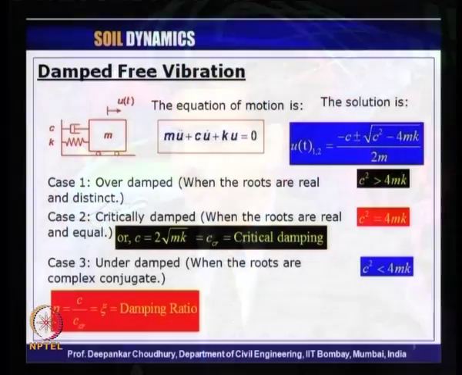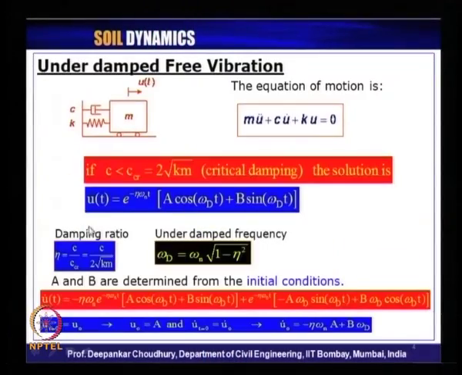Now let us look at the slides with all these results that I have obtained just now. The last solution is shown here, the underdamped free vibration case, with the condition that C is less than the critical damping constant C C R. The solution is of this form and the underdamped frequency is defined like this, along with the displacement function.